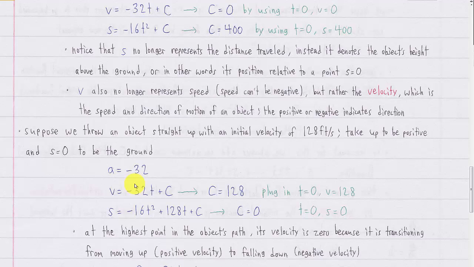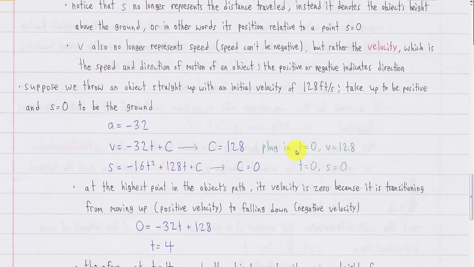And then we integrate again to get the position function. So negative 16t squared plus 128t, from this term, plus c again. So when t equals 0, s equals 0 because we're starting at the ground. So c for this one is going to be equal to 0.